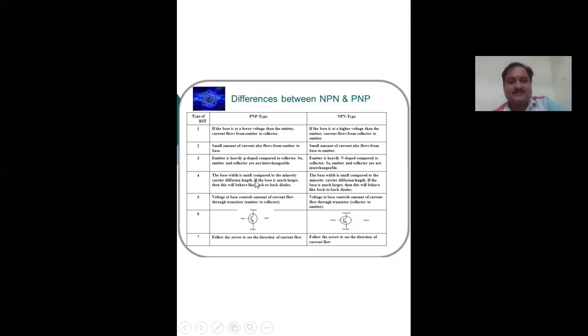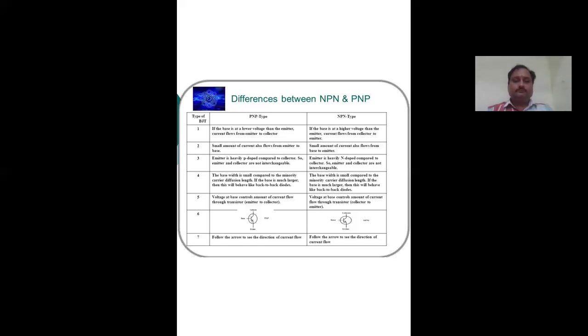Next, the base width is small compared to minority carriers. Already you know about majority and minority carriers. In P-type semiconductor, what are the majority charge carriers? Holes are majority charge carriers. In N-type semiconductor, free electrons are majority charge carriers.